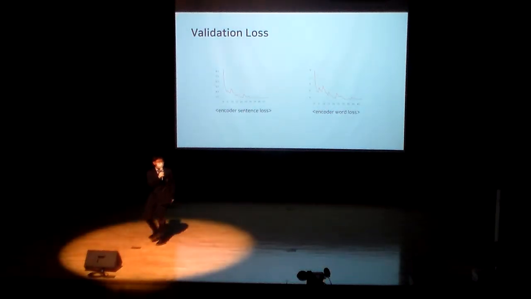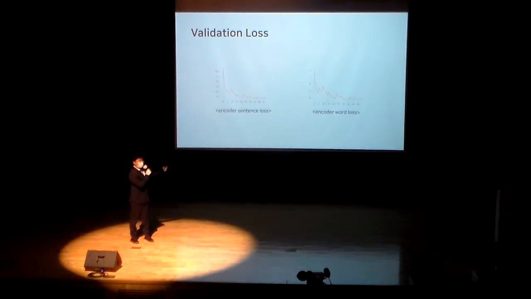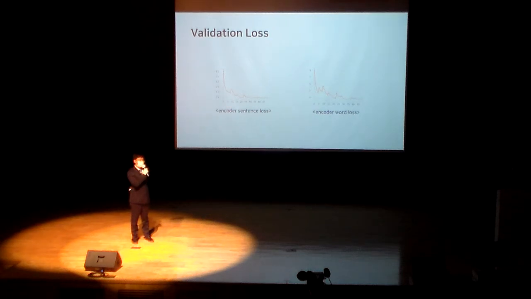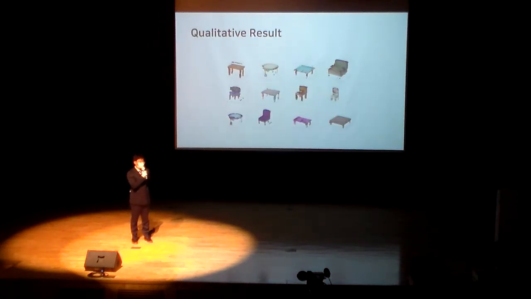This is a validation loss graph, and we can see that until the 50th epoch, the loss has decreased. So we can say that in encoder training, we can use 3D CNN, and it is possible to analyze the voxel in training the encoder.